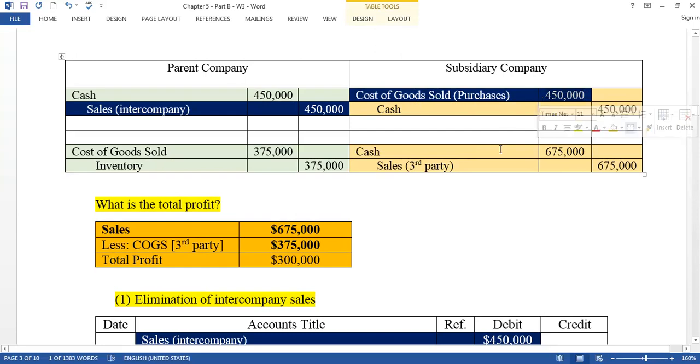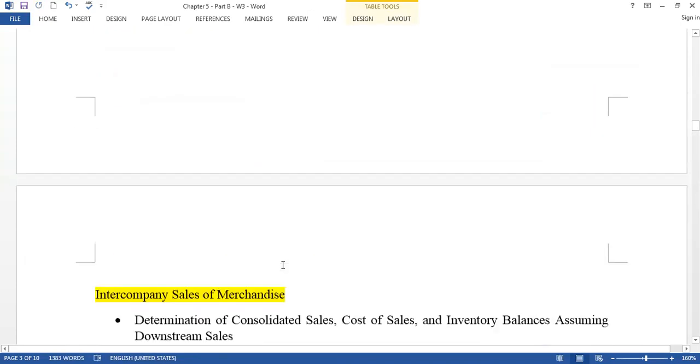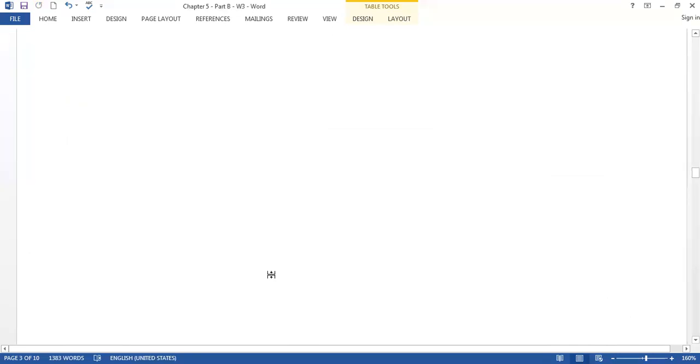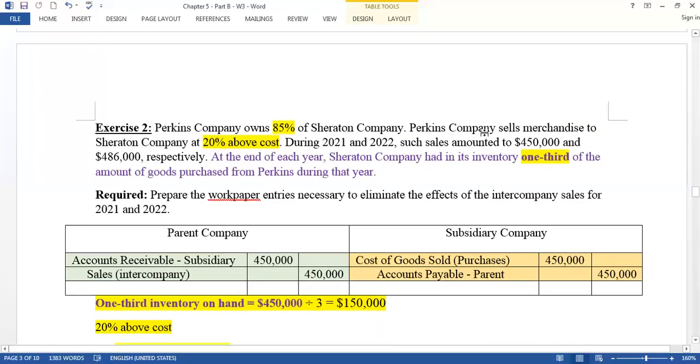They add 20% profit when they sell it to the subsidiary. This is what the question said above. Exercise 2 said that when the parent company sells merchandise to the subsidiary, they add 20% above the cost, and they sell it.